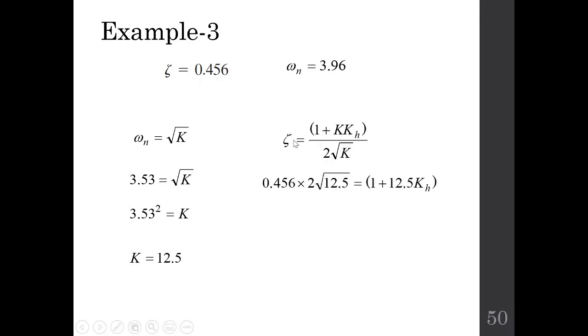We know that zeta is equal to (1 + K·Kh) divided by 2 under root K, where zeta is equal to 0.456. K is found as 12.5. So by putting the values of zeta and K in this equation, we can find out Kh from here, which is found as 0.178.